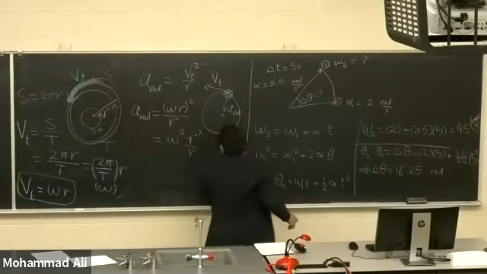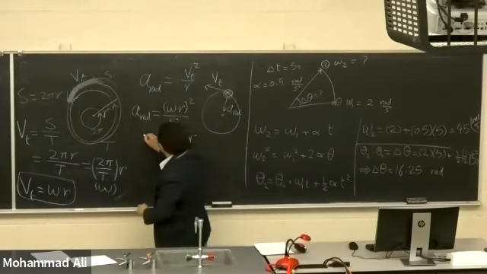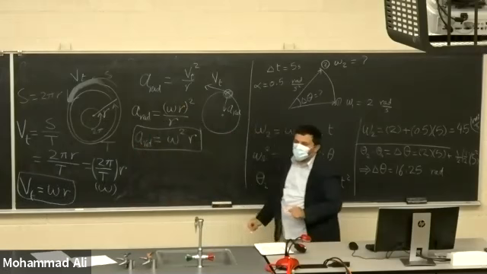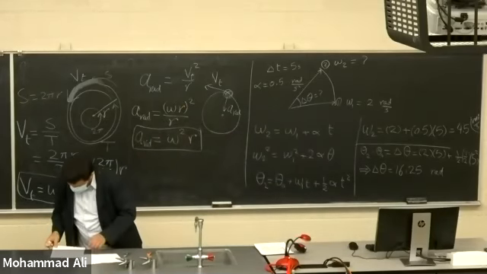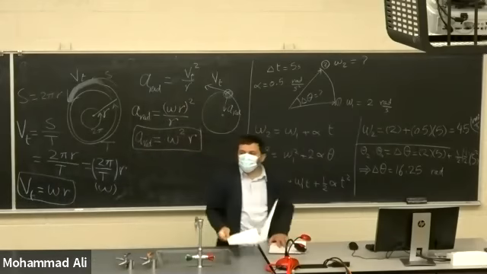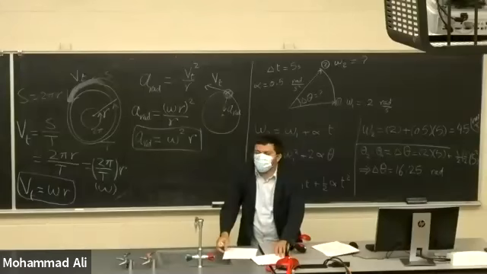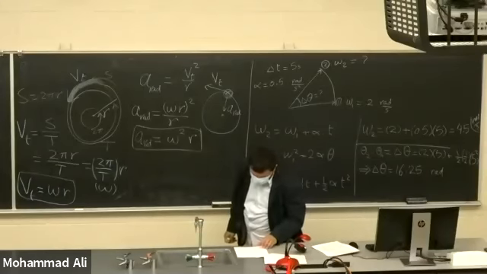The r with the square will be cancelled. So the radial acceleration can also be written as omega squared r. We can use any of these formulas to compute our examples, depending on the givens in the example.